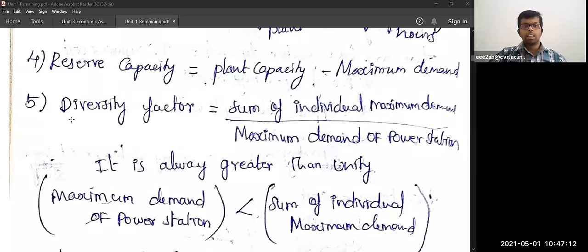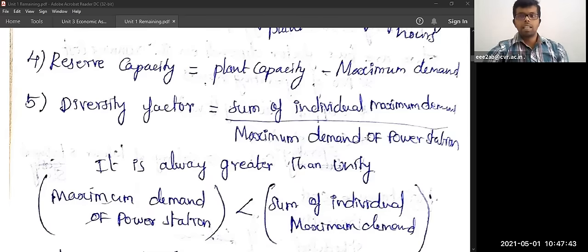Next, coming to the diversity factor. What is meant by diversity factor? Diversity factor is defined as the ratio of the sum of individual maximum demands to the maximum demand of the power station.